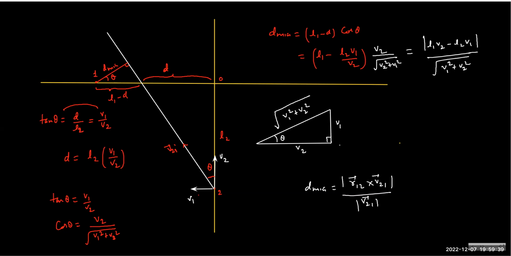So try this relation and tell me whether you're getting the same answer or not. Use i cap, j cap, and so on, and express the answer. Take the modulus, you will get the answer.